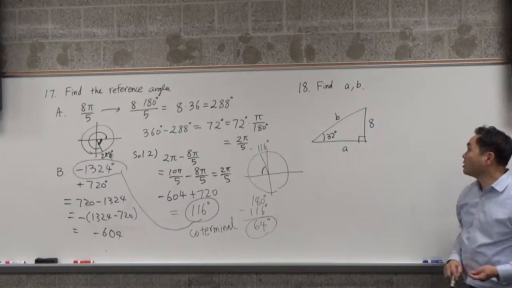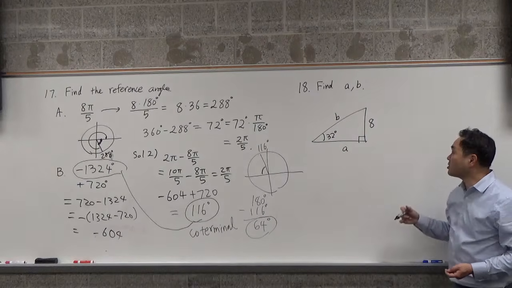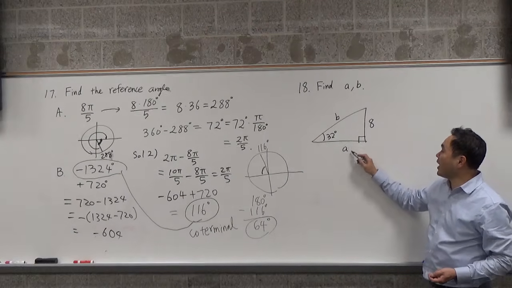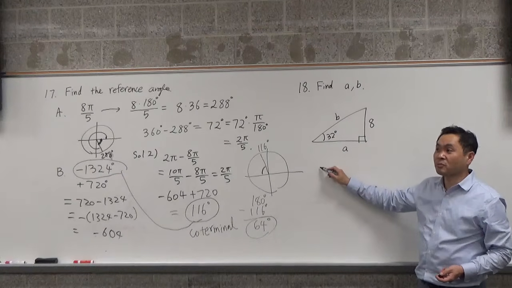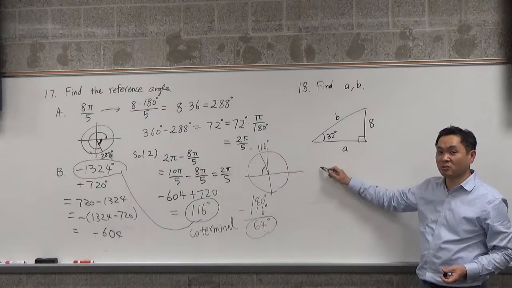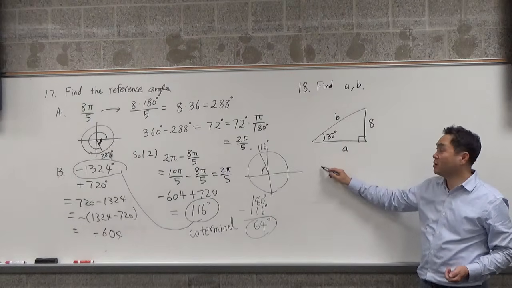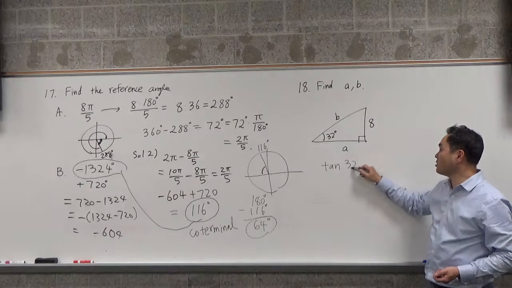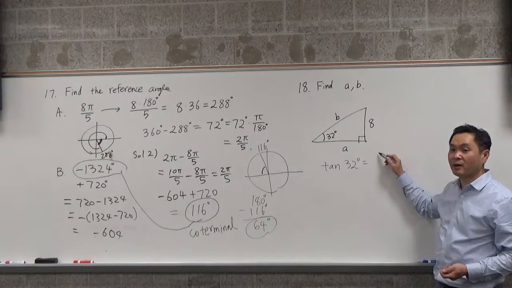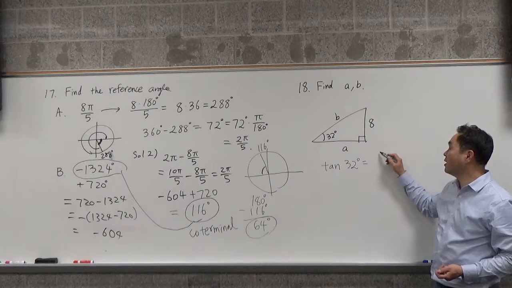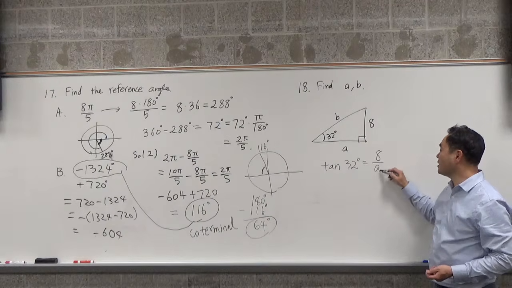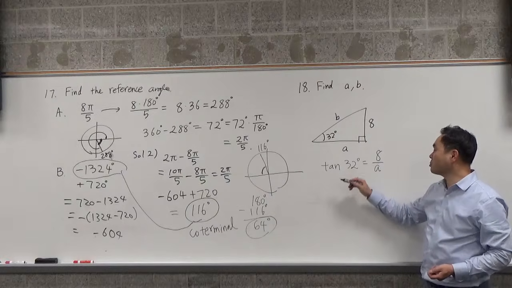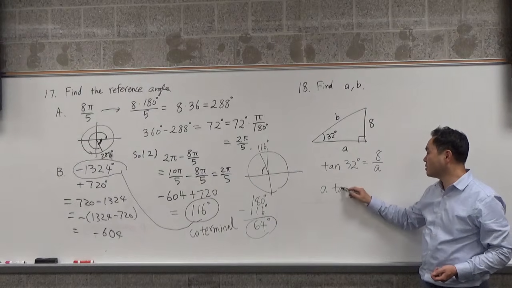Okay. All right. For this question, if I want to know A, which trig function should you use? Sine, cosine, or tangent? Which one? If I want A, I want tangent of 32 degrees equal to what over what? 8 over A. Therefore, I can multiply A both sides.